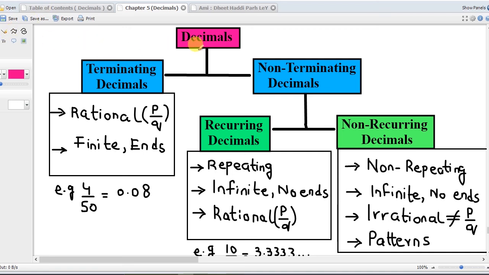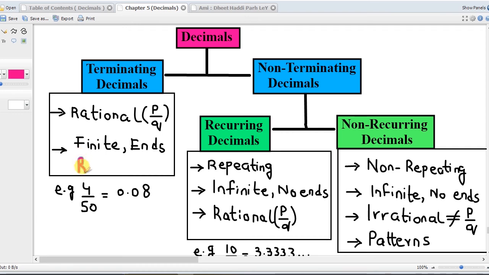Decimals have been categorized into two parts, terminating decimals and non-terminating decimals. In terminating decimals, we have learned that these decimal values are rational, which means we can write them in the form of a fraction, plus they terminate, or they have a certain end, or we get a remainder of 0.